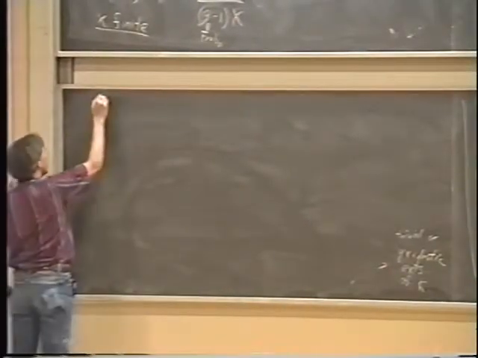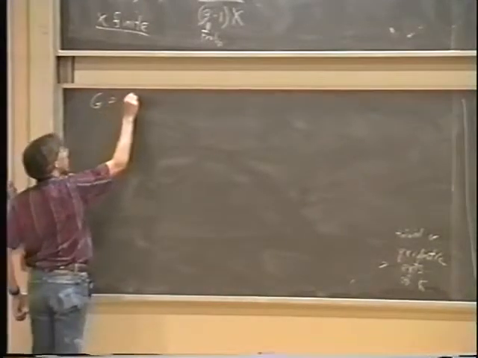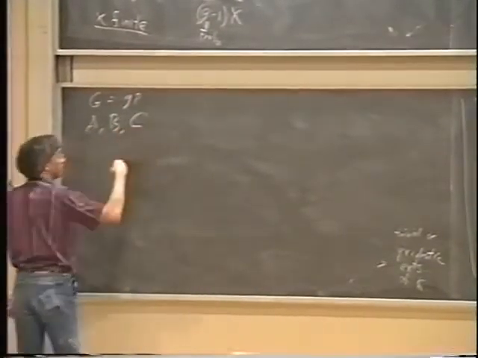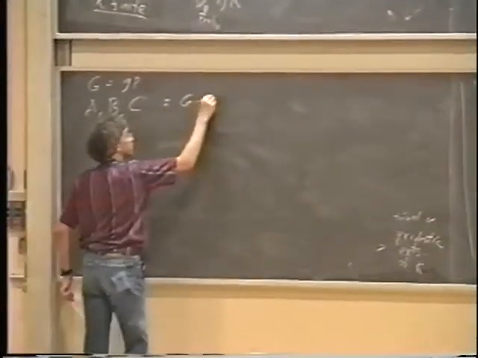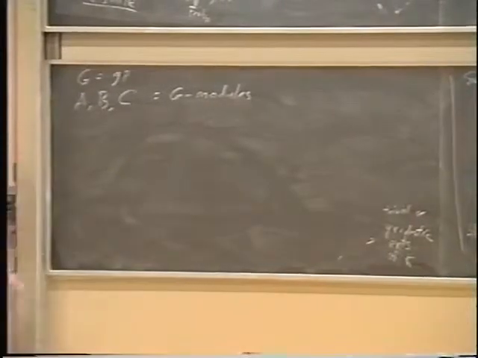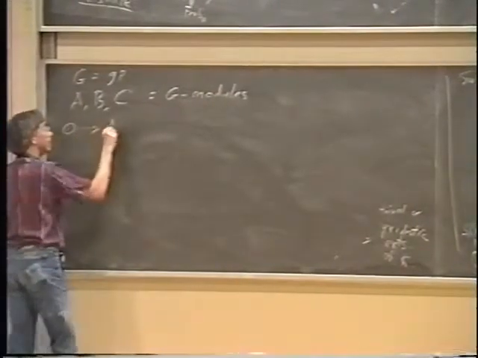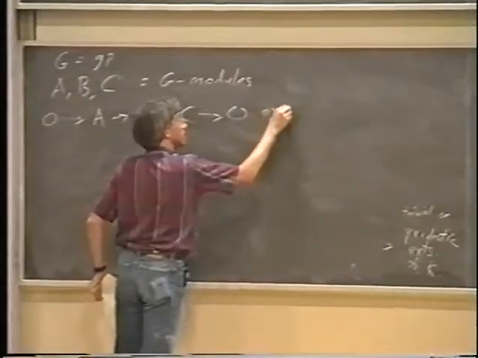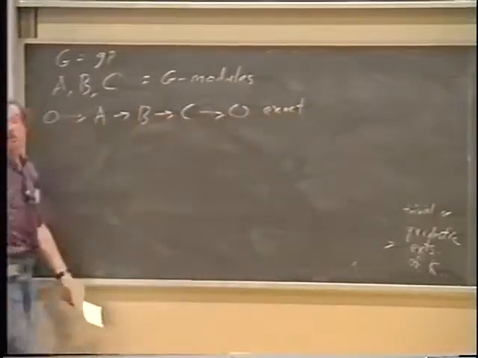So here, let's say G is just a group. A, B, and C are called G modules, so just Abelian groups on which G is acting. And let's say we have 0 to A to B to C to 0 is exact. And it's an exact sequence of G modules.